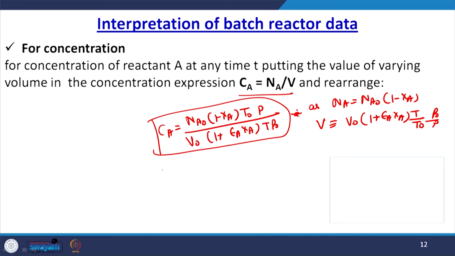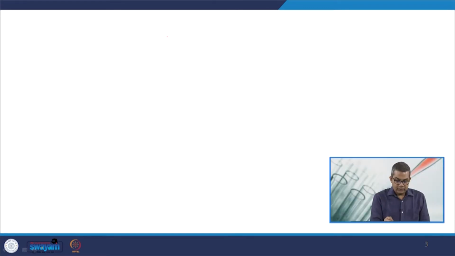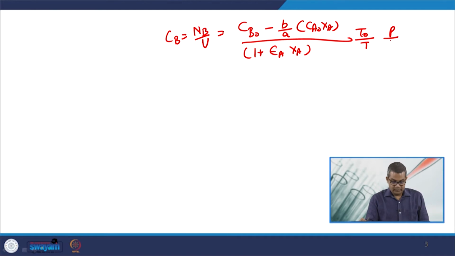Now, similarly, the concentration of reactant B or products C and D, if you have an equation like this, can be written as CB is equal to NB upon V, that is CB naught minus B upon A CA naught XA, upon 1 plus epsilon A XA, T naught upon T, P upon P naught.